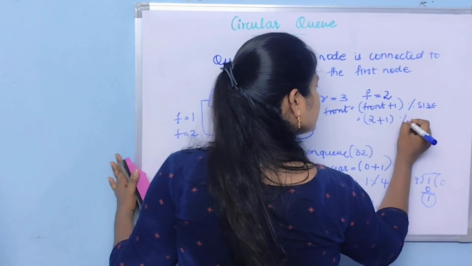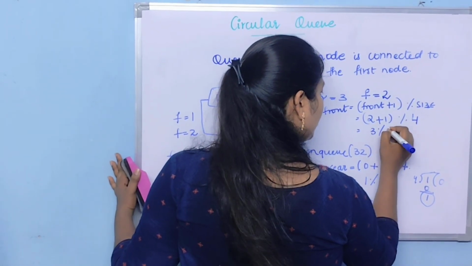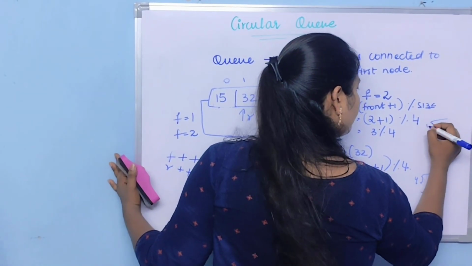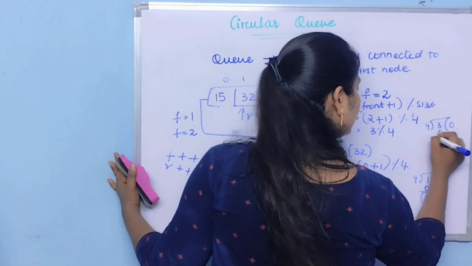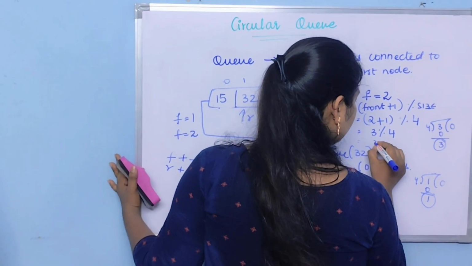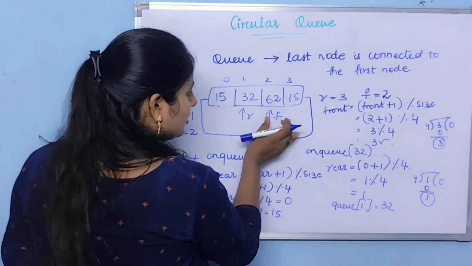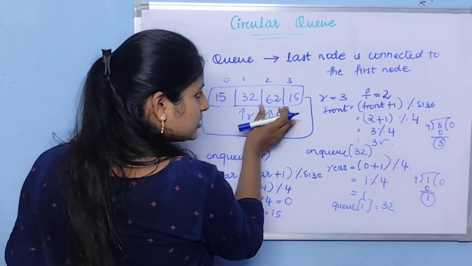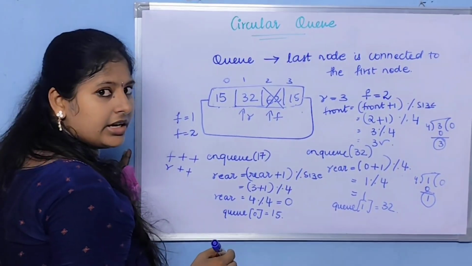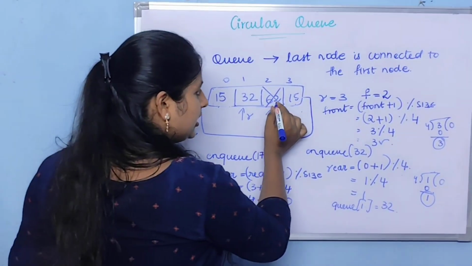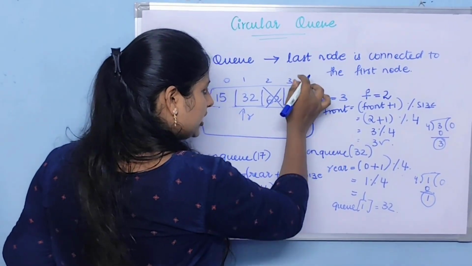What is the size? 4. So 3 mod 4. 4 zeros are 0. Remainder is 3. Now after deleting, 3 will be my front. What is this element? This is what I should delete now. So this got deleted, right? After deletion, my front is updated to the third index.